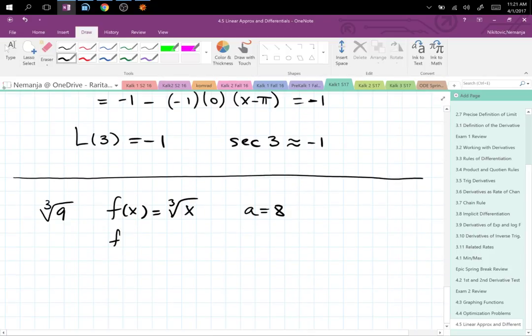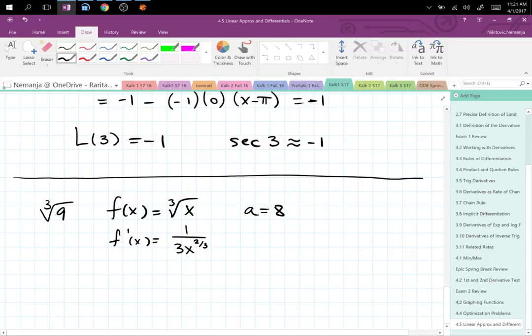The derivative is going to be divided by 3, right? It's x to the -2/3, so it's 1 over 3x to the 2/3. That's it.